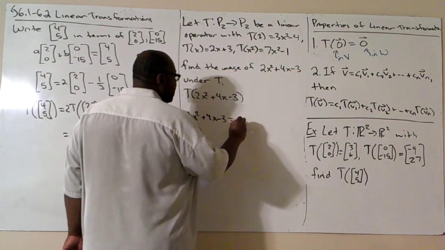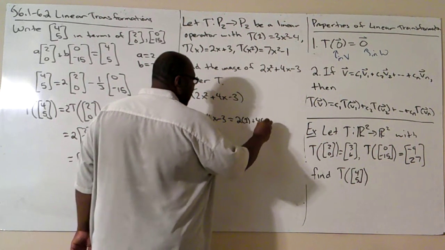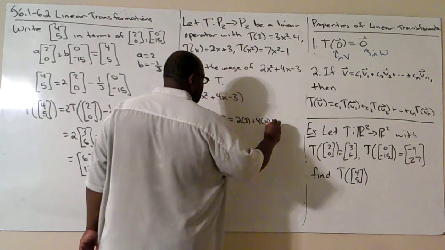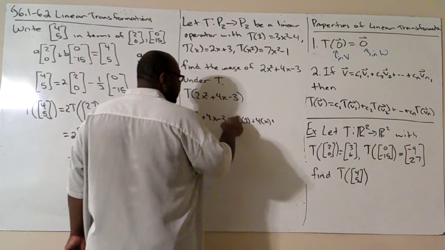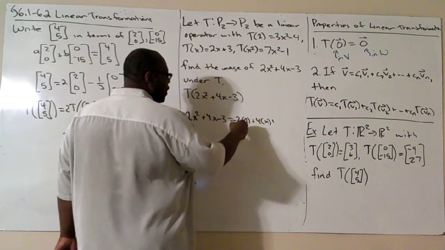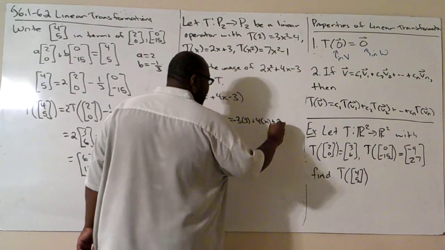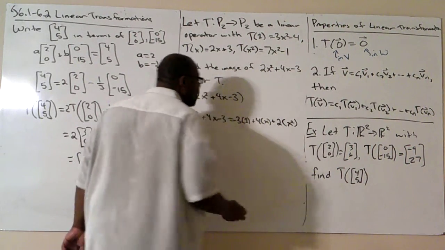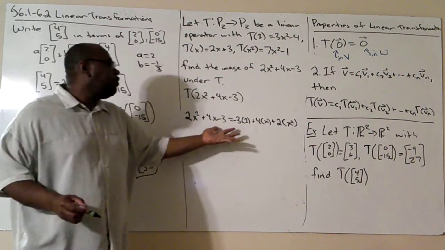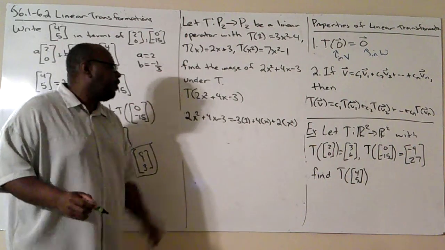I can write that as negative 3 times 1 plus 4 times x plus 2 times x squared. It's kind of obvious, but it could have been a little more difficult with other coefficients. In this case, it's fairly easy.